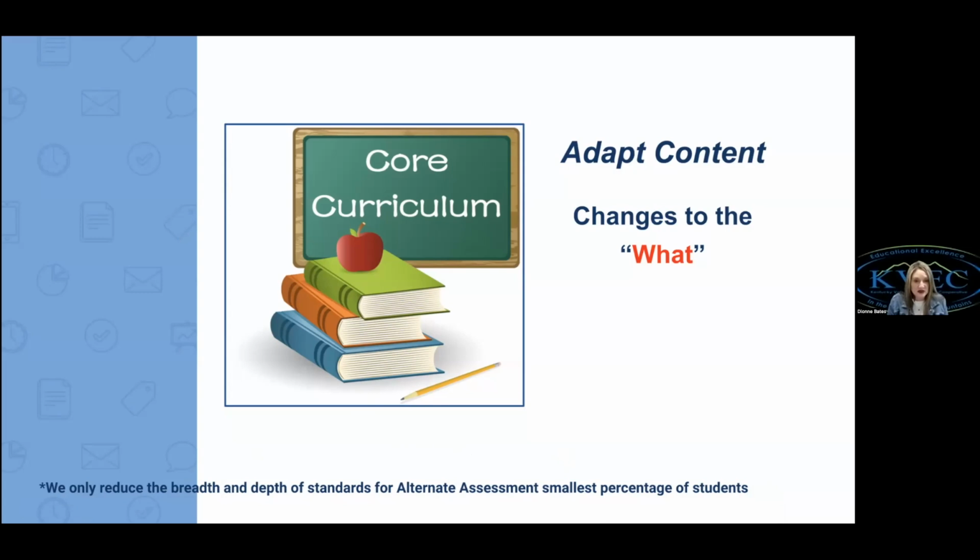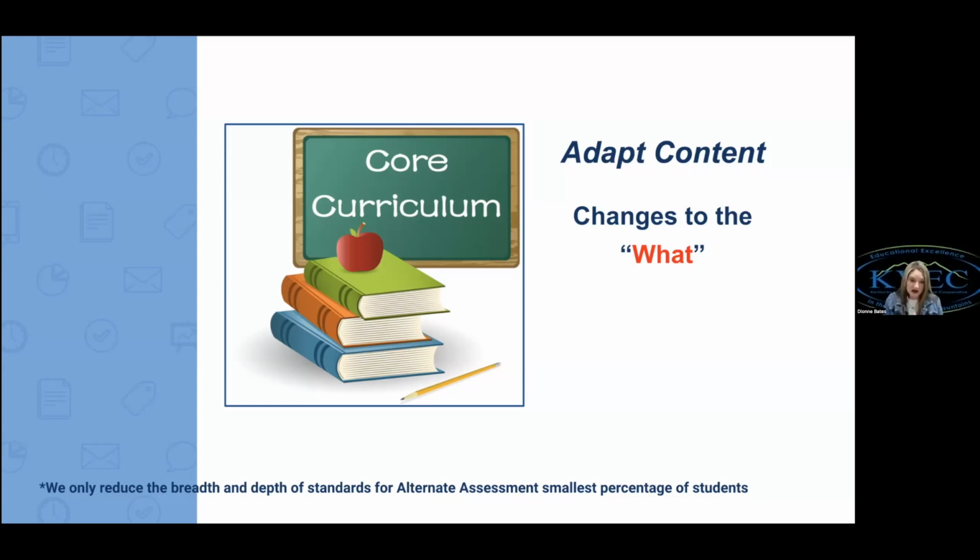And I use this example all the time. In fourth grade reading, kids have to be able to infer. And if they can't make inferences, which our students with disabilities have a very difficult time with, then we have to back up and see, what is it at third grade they need to be able to do? What is it at second grade?